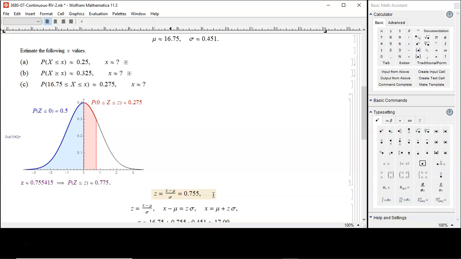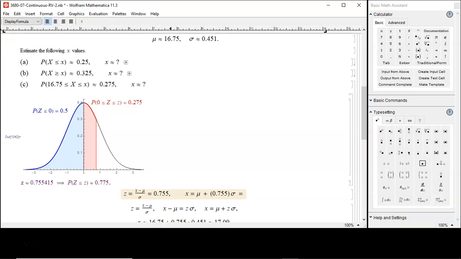And then x minus mu is 0.755 times sigma. And then flip this mu to the other side as well. So we get this.